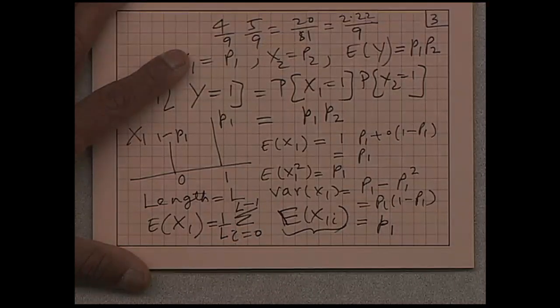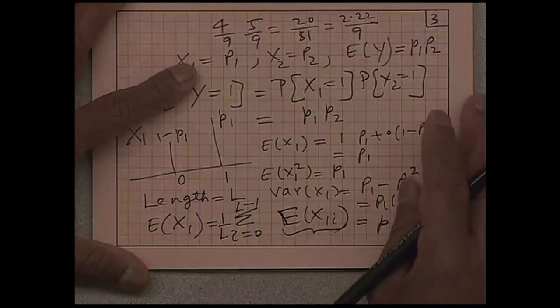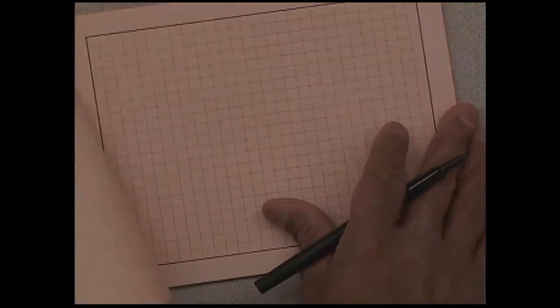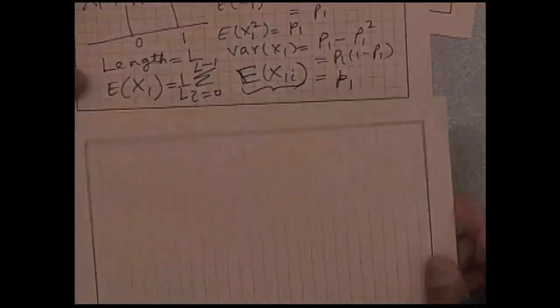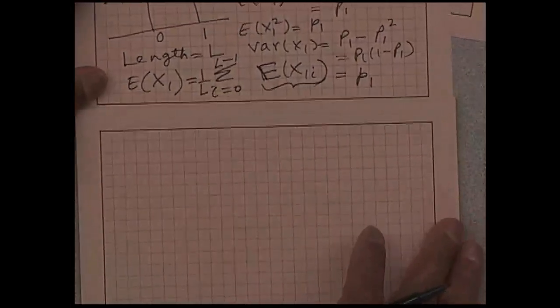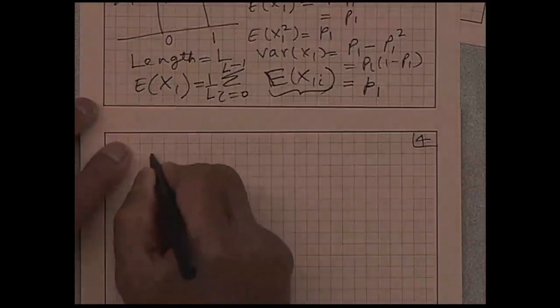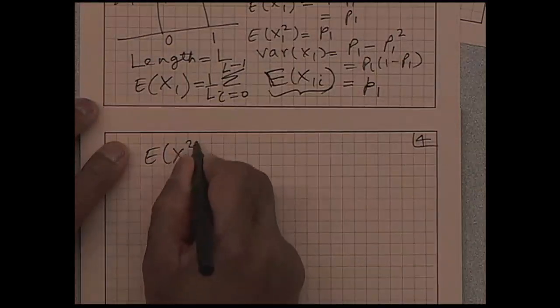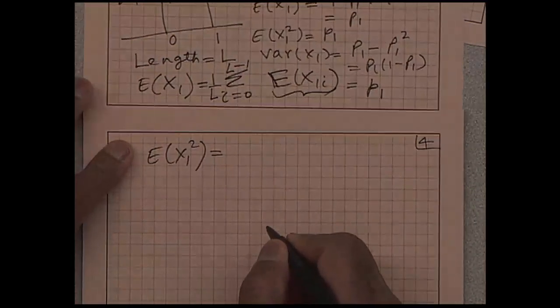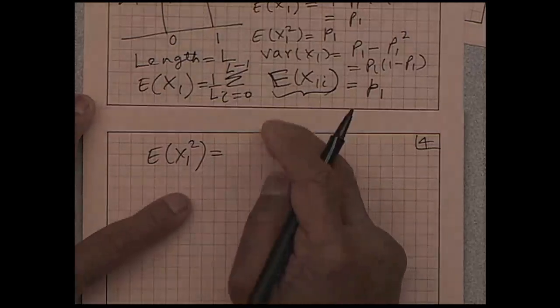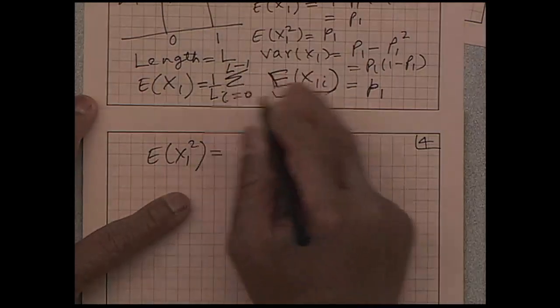What is going to be the mean squared, the expected value of x1 squared? Now we will assume each bit to be independent.